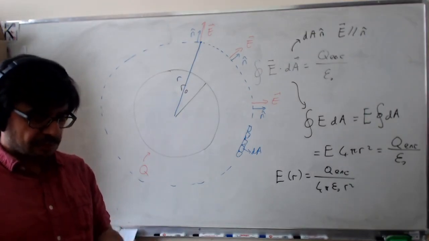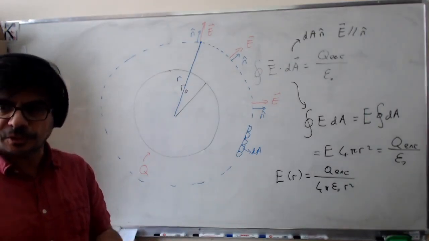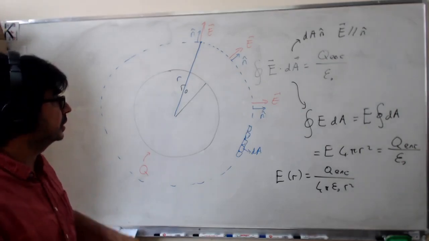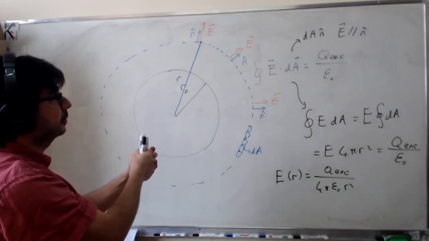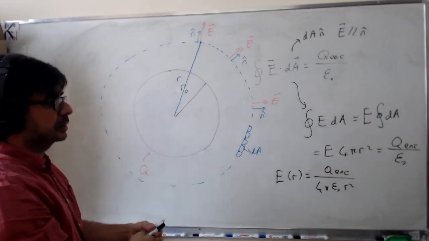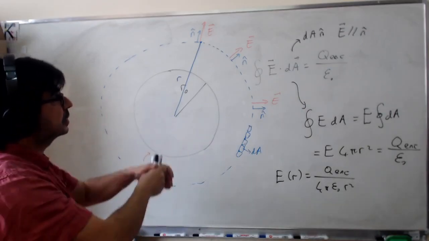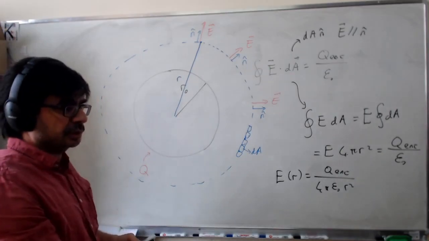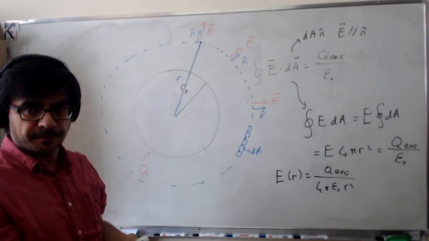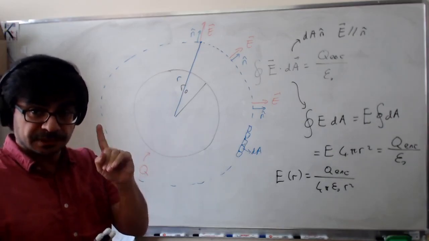This is something you might be familiar with, Newton's theorem from gravitational fields: if you have a spherical mass distribution, it acts like a point mass at its center. Same thing would hold for a spherical charge distribution. With respect to outside, the spherical charge distribution is going to look like a point charge at its symmetry center. With respect to outside, this is important.